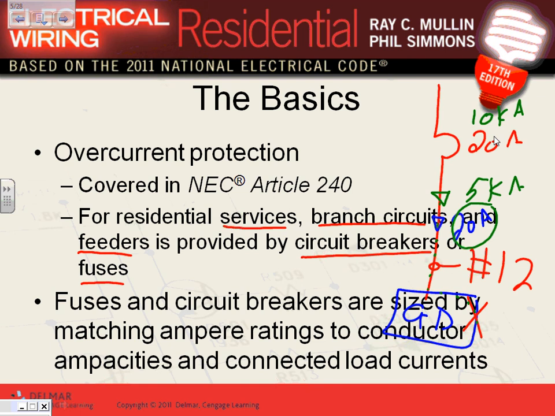Usually 3 cycles. 3 cycles is 3/60. That will make it 1/20th of a second. In 1/20th of a second, that conductor must not burn, smoke, heat, until, what happened in that 3 cycles? The circuit breaker will wake up and decide, oh, we have a problem here, and it opens within 3 cycles.